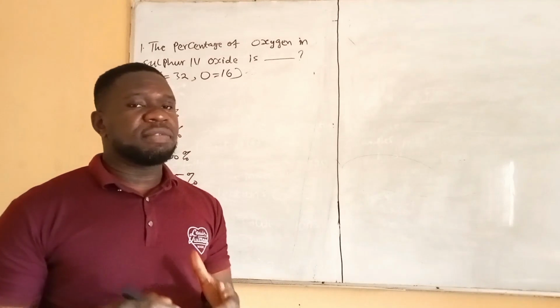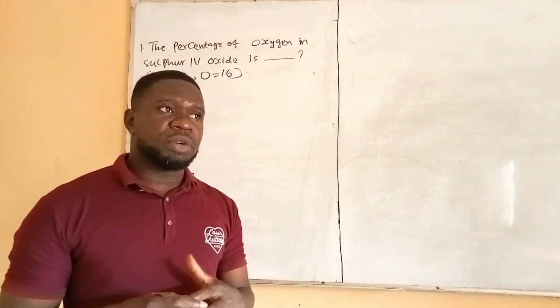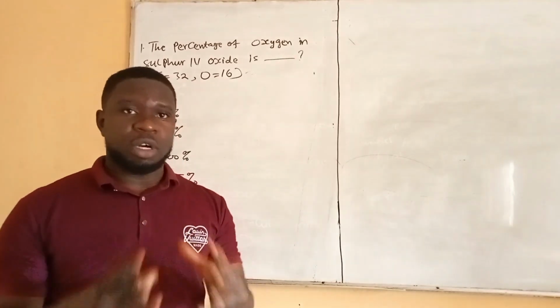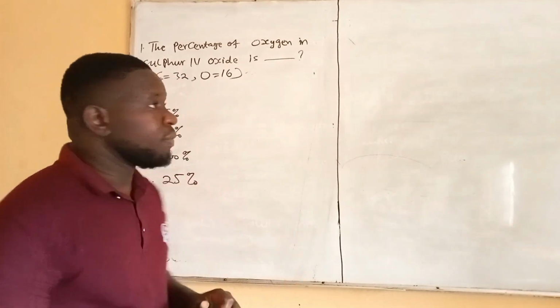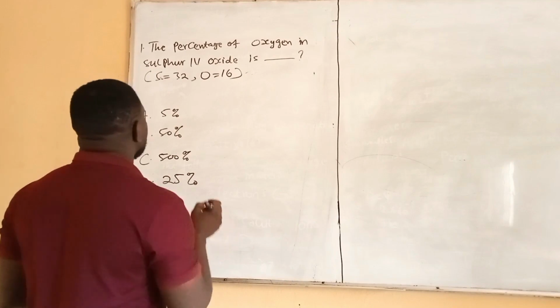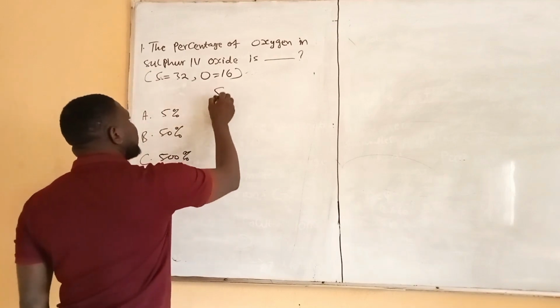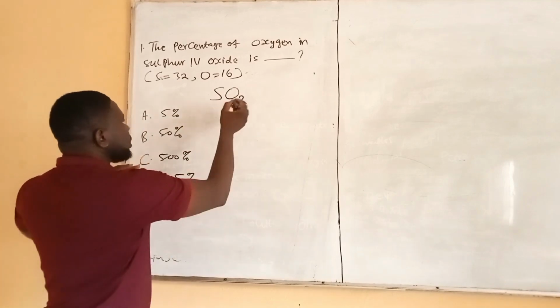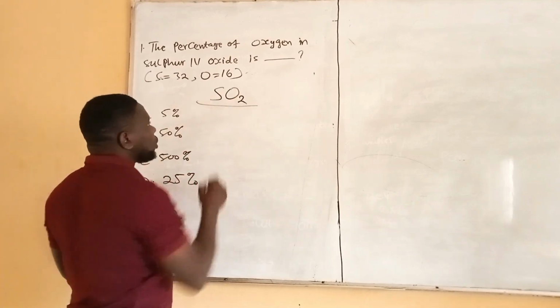So it means that if it is -2, then we need 2 atoms of oxygen to combine with sulfur to form sulfur(IV) oxide. So the chemical formula for sulfur(IV) oxide is SO2.